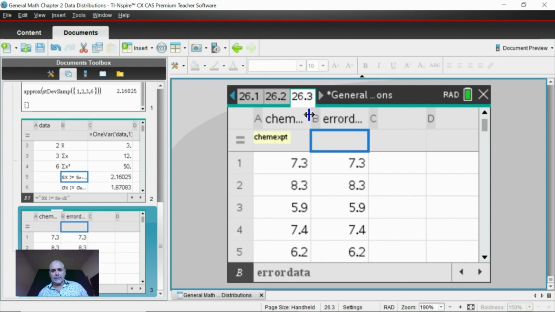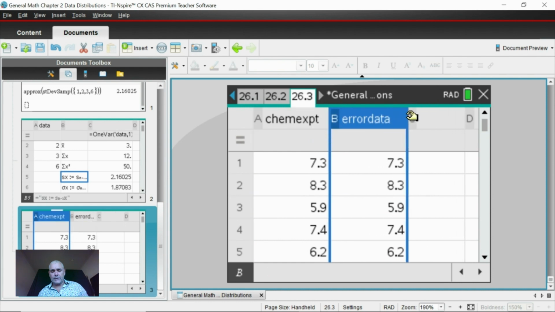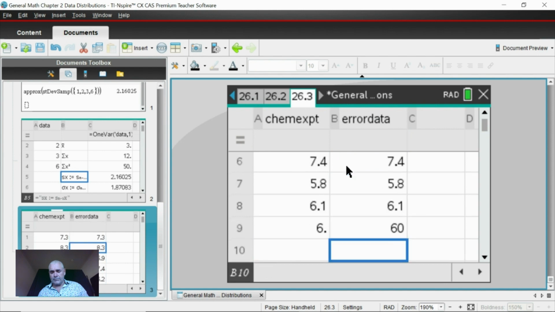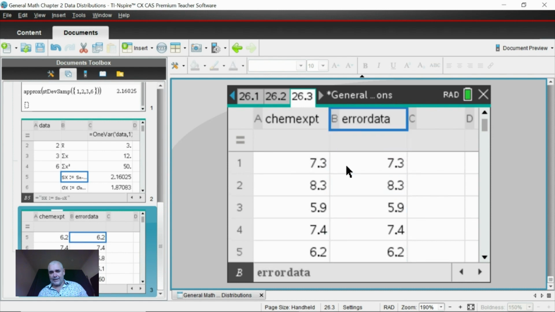So what have I done here? I have put the two lists together. I haven't ordered them, I've just put the values here. So one's got 6 and the other's got 60, and I've called that the error in the data.